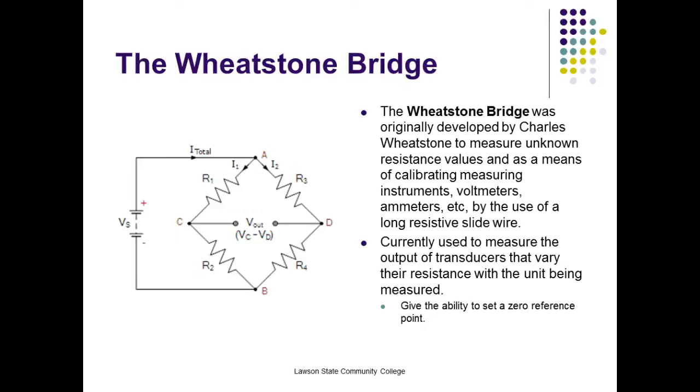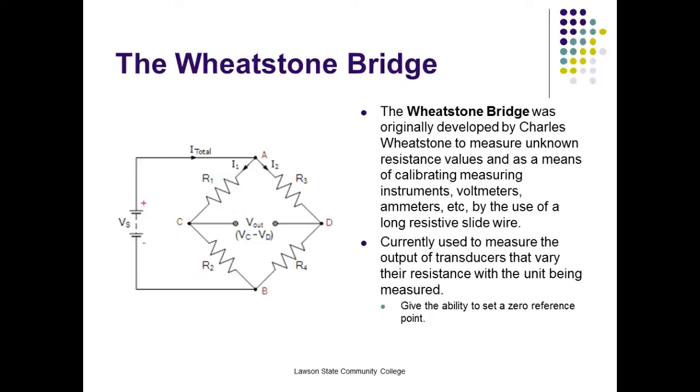But what we do here is we normally use this in just about any sensor or transducer that varies its resistance with what it measures. And we need to be able to set a reference voltage. Then normally what we do is we use a Wheatstone bridge.